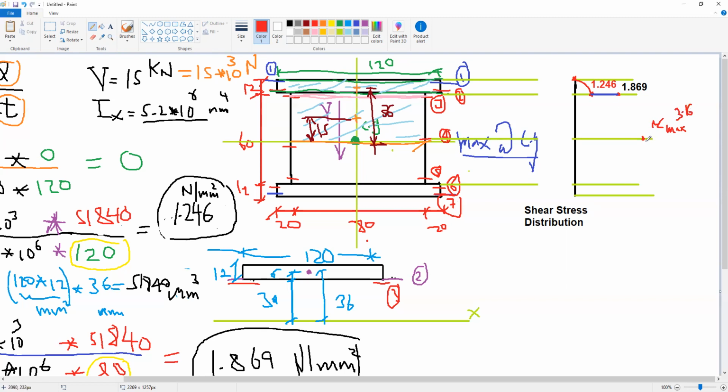How do we connect section 4 and section 3, the value 3.16 and the value 1.86? Same thing, because the relation is parabolic or second degree, so I will connect it with a curve like this.